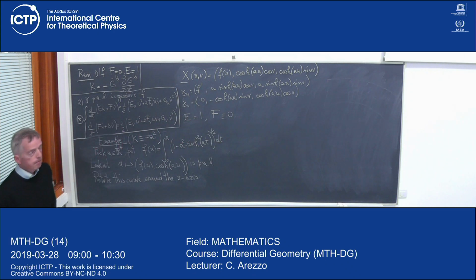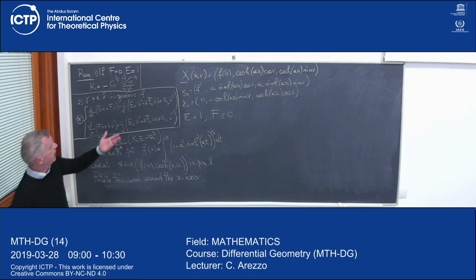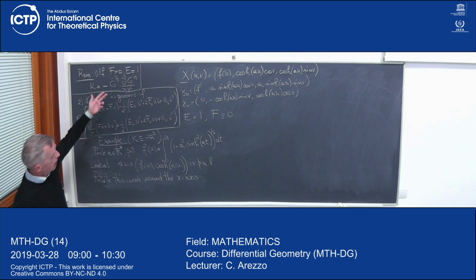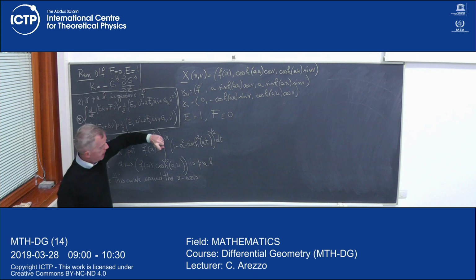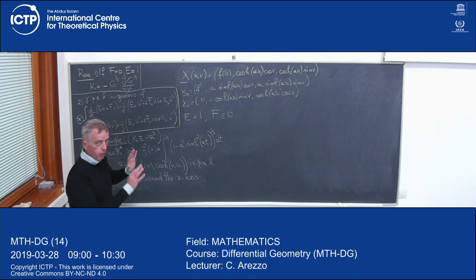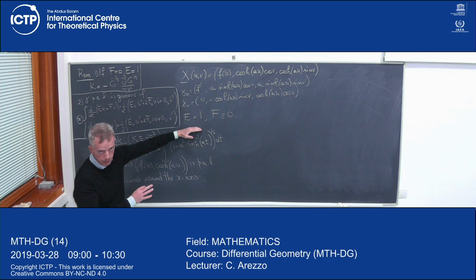So you see, in this way we have already fallen into the category. Be careful, nobody is saying that this system of coordinates is the system of geodesic coordinates. We have just proved that geodesic coordinates satisfy this.